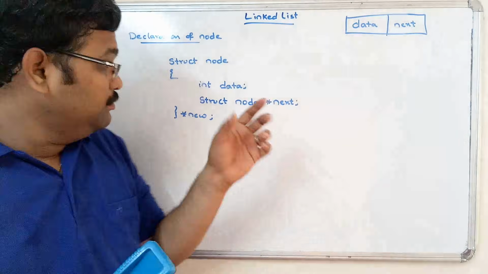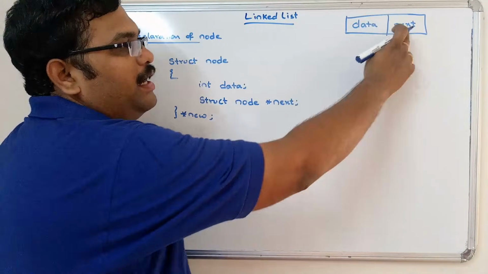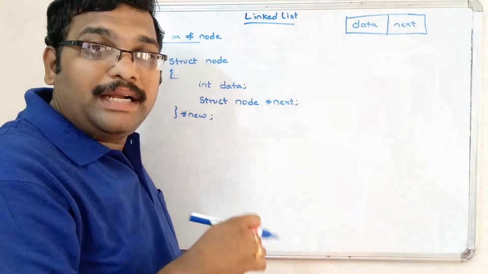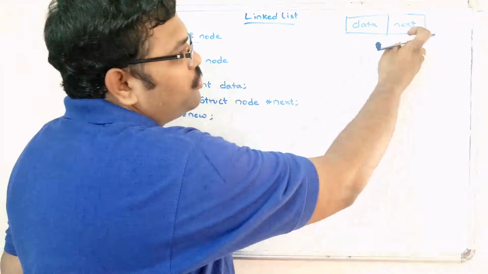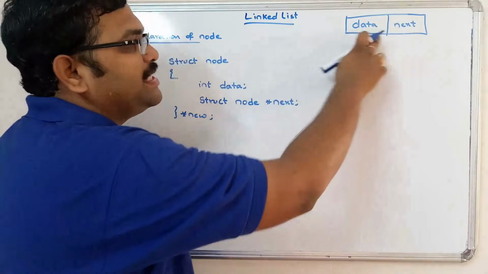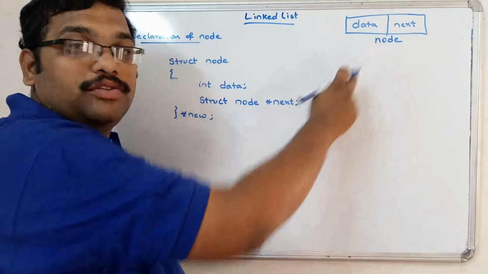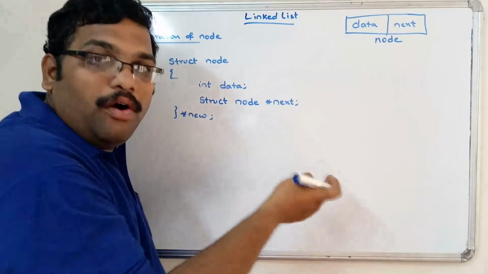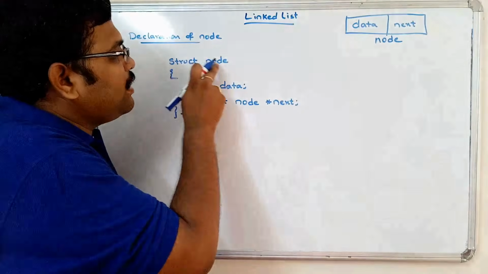See, this is for data, and next is a pointer variable, but it is a self pointer because this is also a field of the same node. So we have to write a pointer variable of the same node, that is struct node.